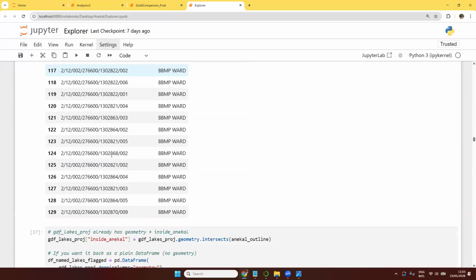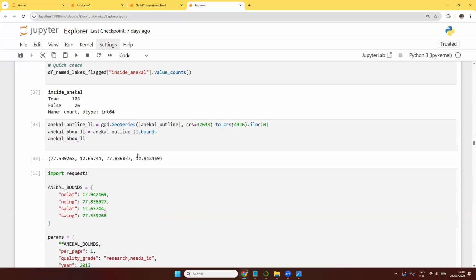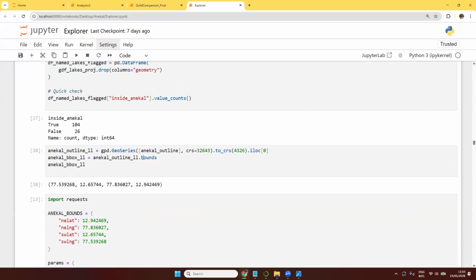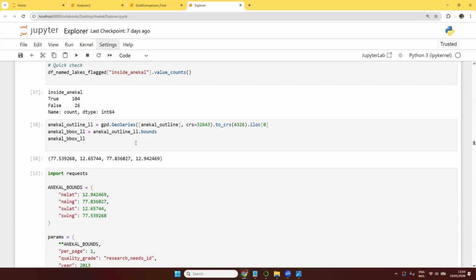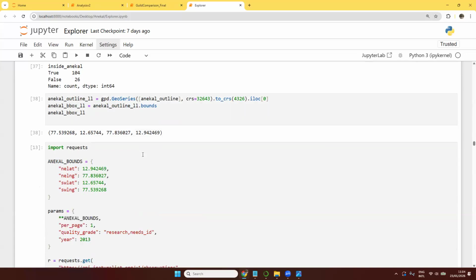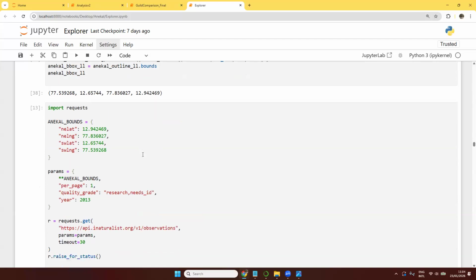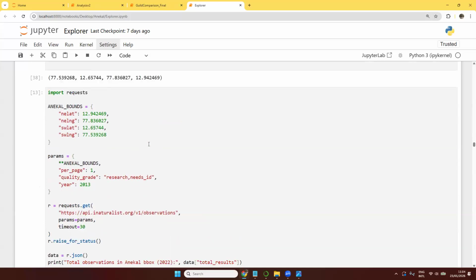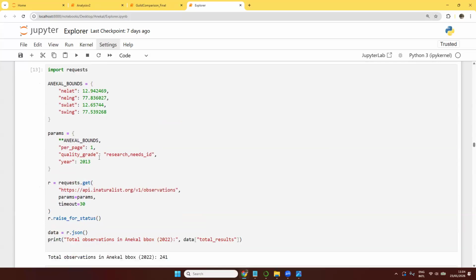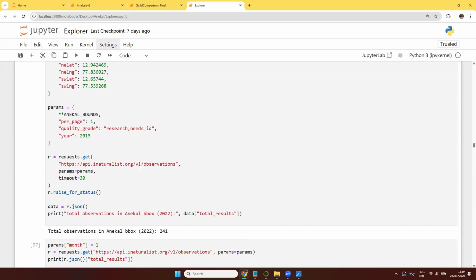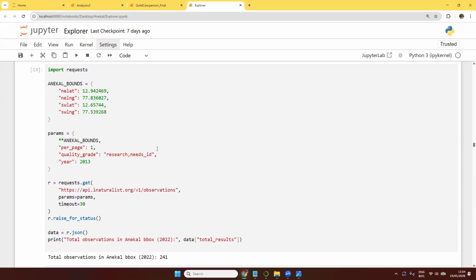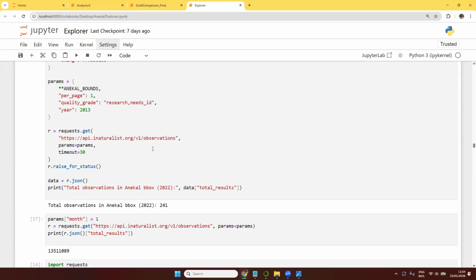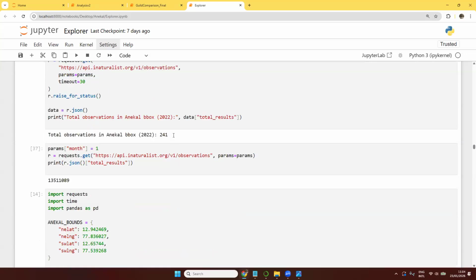Also, I got the bounding box for Anekal from the shape file, and iNat has a very easy to use API where you can specify the bounding box as well as the time period for which you want the observations, and you can query the data within that bounding box for that specific time period.